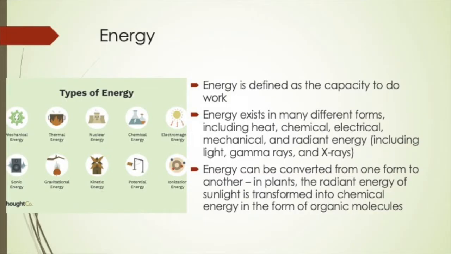Pretty much energy is defined as the capacity to do work. It exists in many different forms through heat, chemical energy, X-ray energy, gamma rays, all these different types. So it can be converted from one form to another.